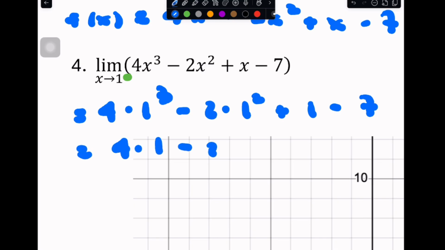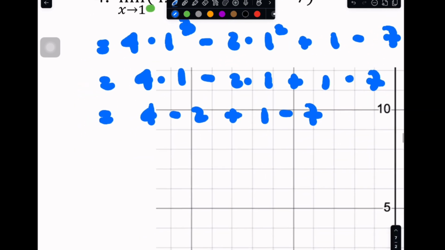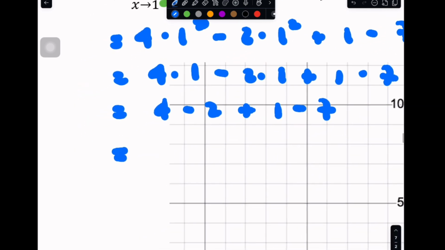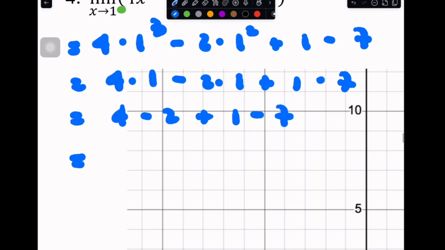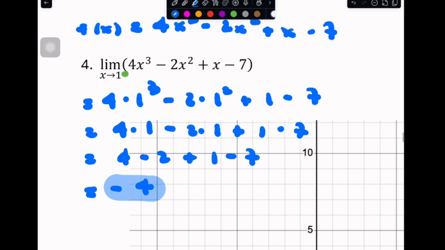4 times 1 minus 2 times 1 plus 1 minus 7, which gives you 4 minus 2 plus 1 minus 7. Do your arithmetic left to right because they all have the same priority. 4 minus 2 is 2, plus 1 is 3. 3 minus 7 is negative what? 4. But I didn't just write this for you to use arithmetic.